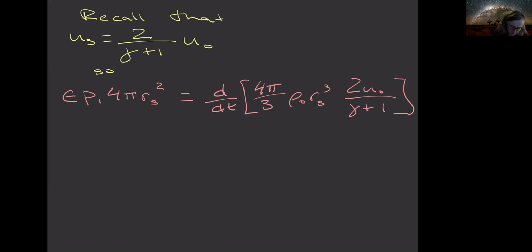So we recall also that P1 is equal to rho naught over gamma plus 1 times 2 u naught squared.